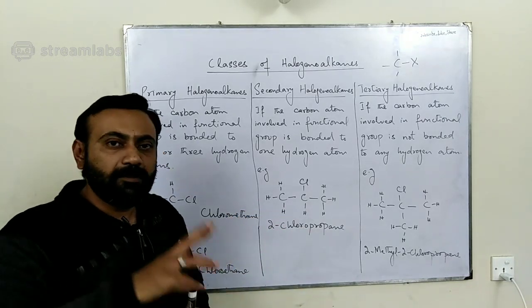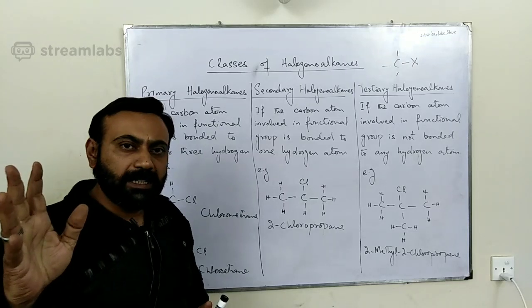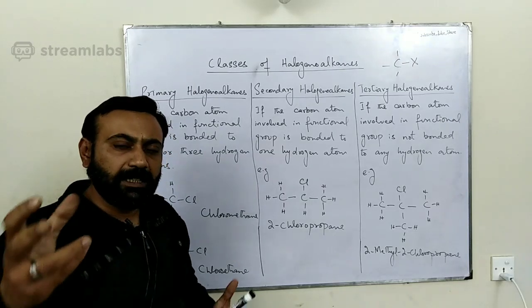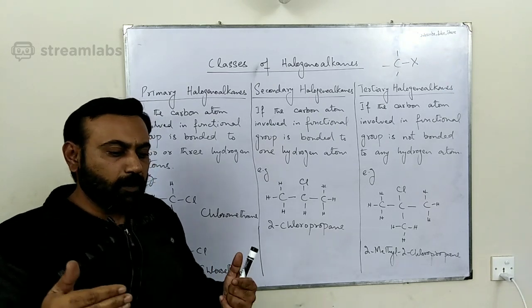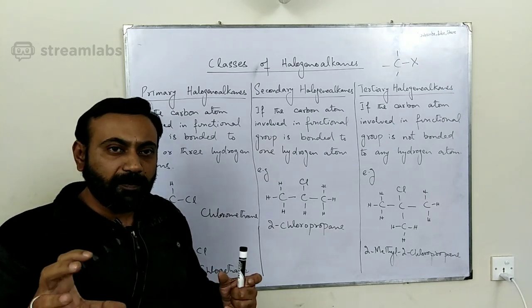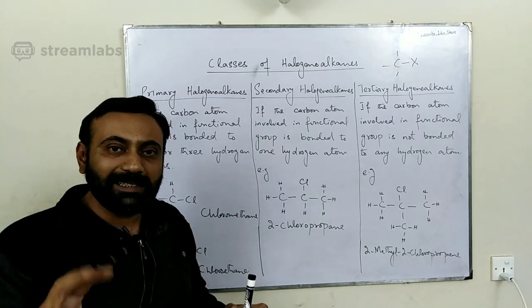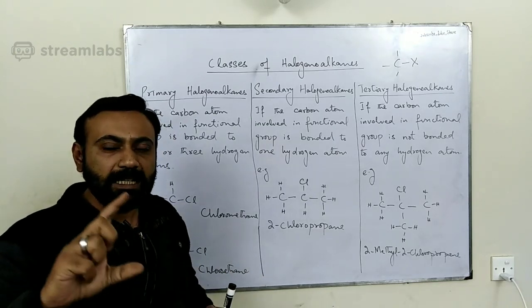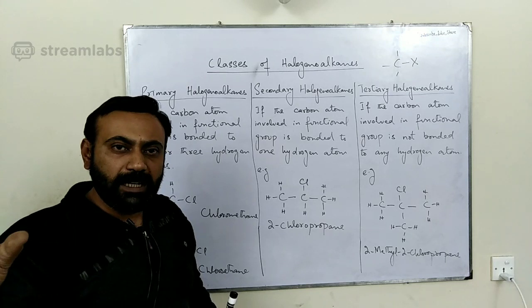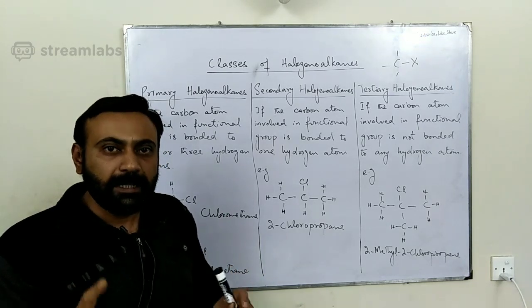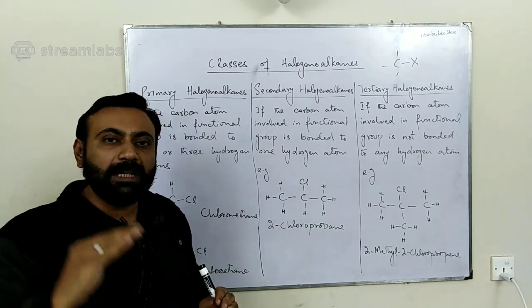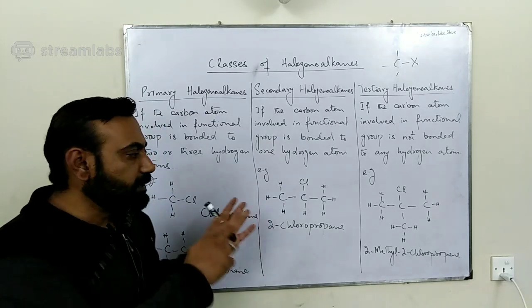Second thing is, if there are two halogen atoms, suppose two chlorine atoms in the same molecule, and they are at different positions, that would show the presence of two functional groups, because C single bond halogen atom is one functional group. So each functional group would be classified according to these rules.